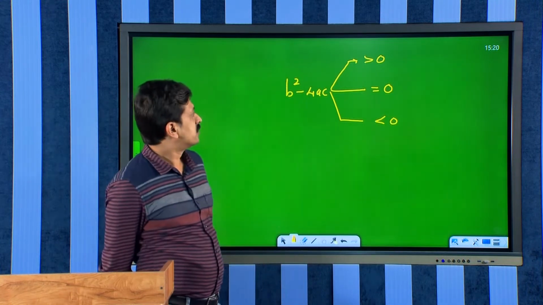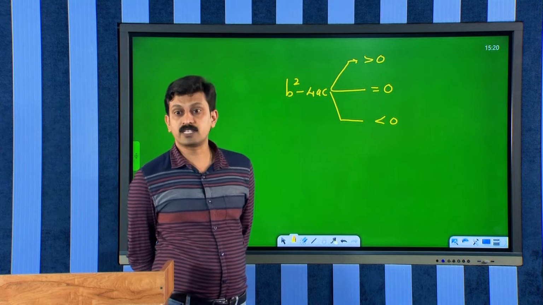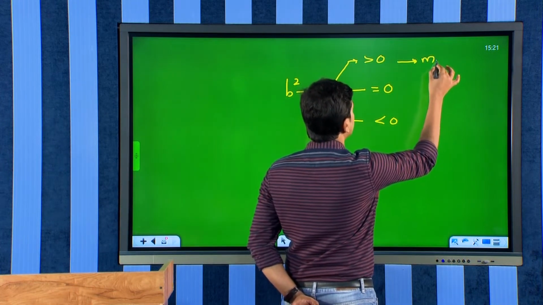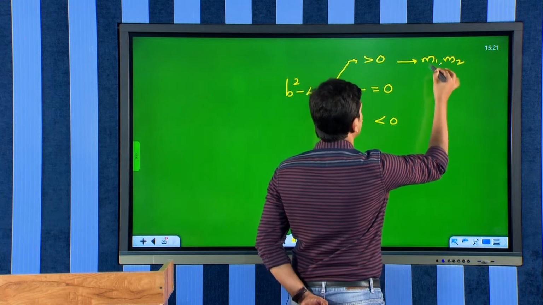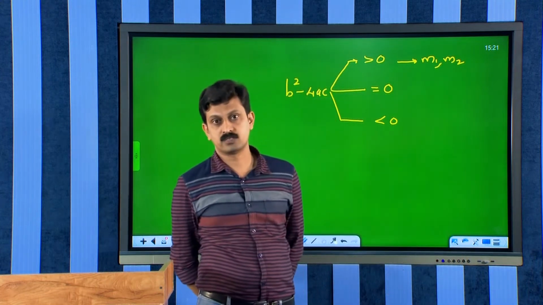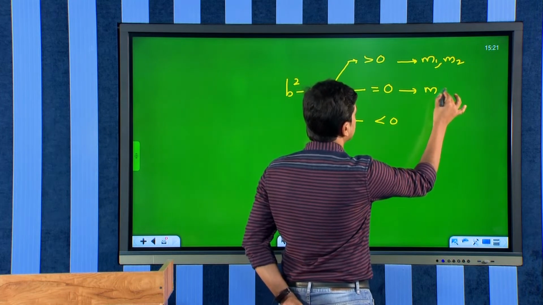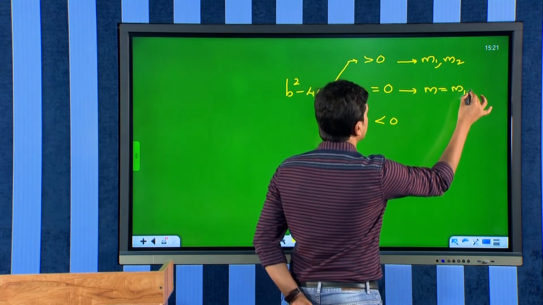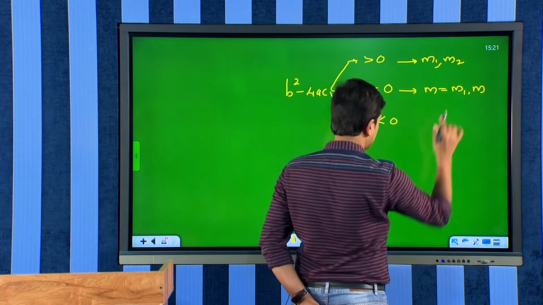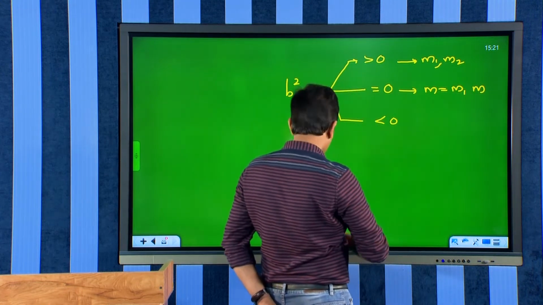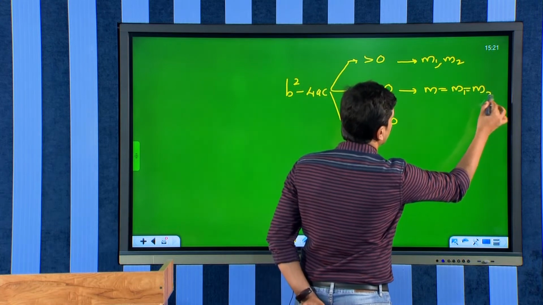If b square minus 4ac is greater than 0, there are two real distinct roots, m1 and m2. If it is equal to 0, there is a single root, called a double root, m1 equal to m2 equal to m.